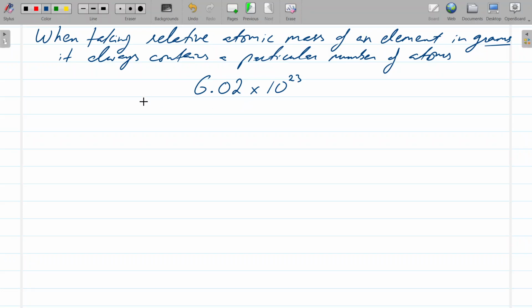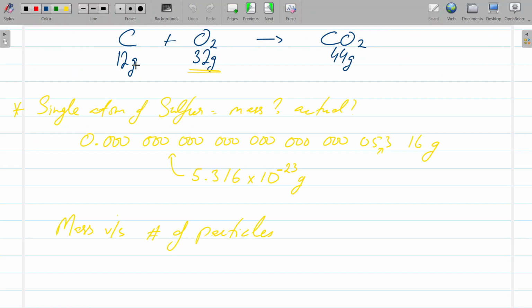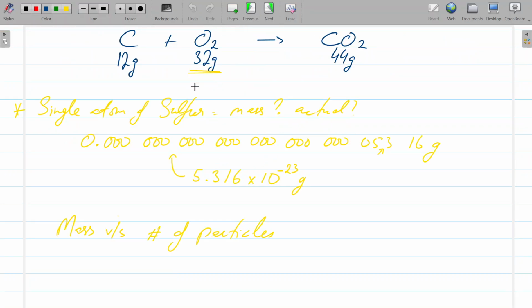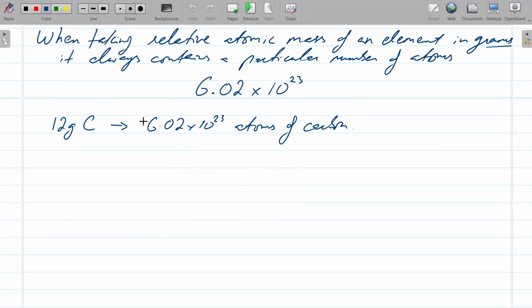So what this means is that we said we had 12 grams of carbon. That's what we said over here, right? And so in 12 grams of carbon, there are 6.02 into 10 to the power 23 atoms of carbon. We had 32 grams of oxygen, and this is a molecule.